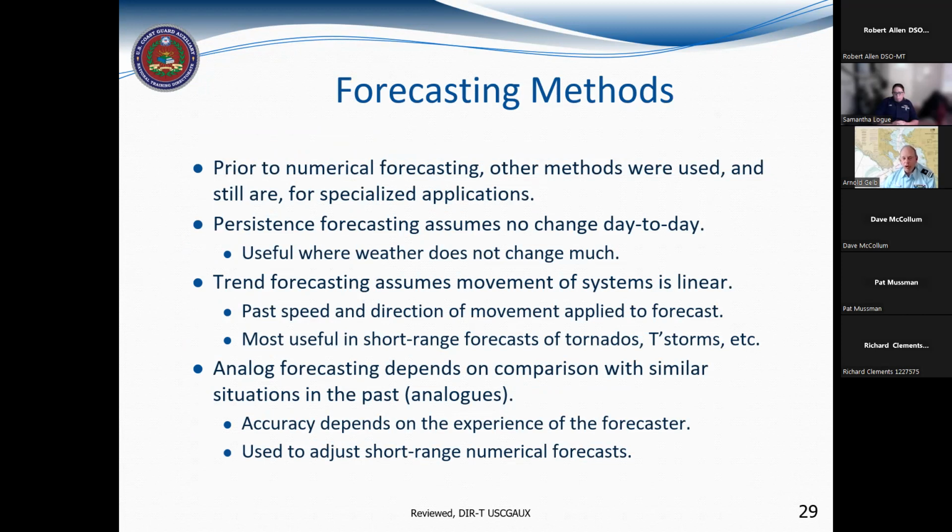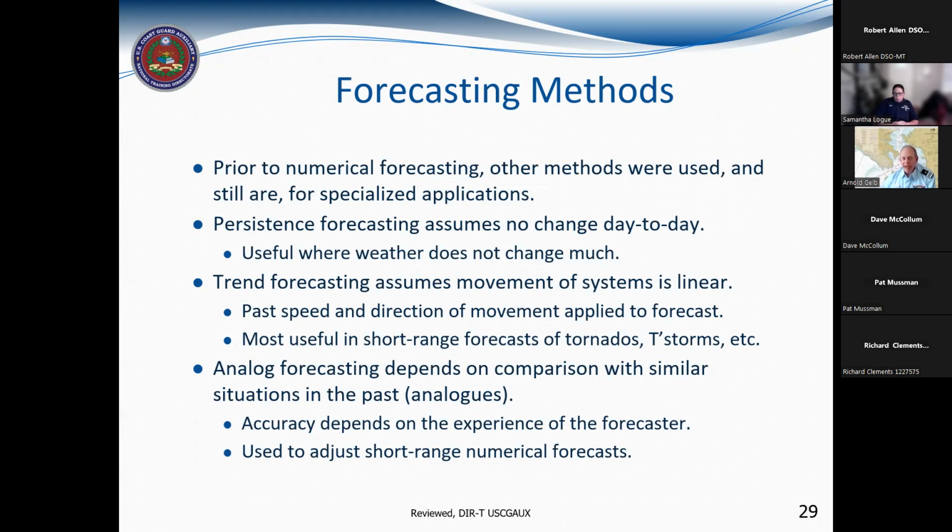So prior to numerical forecasting, other methods were used and still are for certain applications. Persistence forecasting assumes no change day to day. If you're in San Diego, or if you're in Arizona during a short march of days in a particular season, one day is pretty much like another.